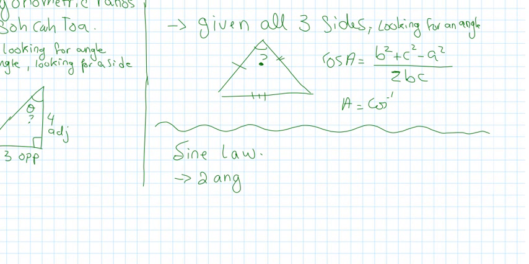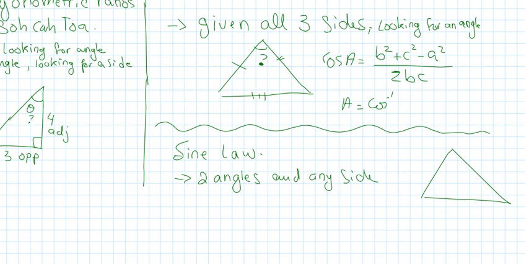Because once you have two angles, then you can find the third angle, right? Remember this. This is one of the rules that a lot of people just don't see. Like if I give you that this is 60 and this is 20, right away this is 100, because it's 180 altogether. But a lot of people kind of miss that.